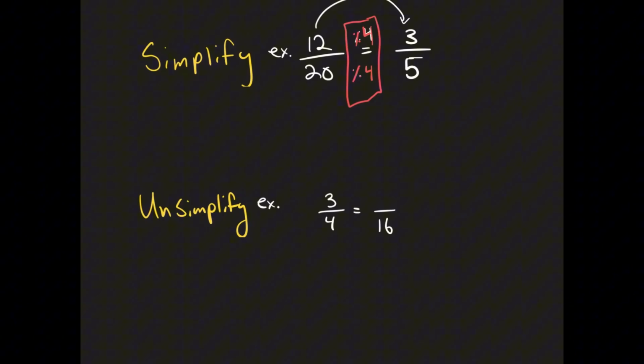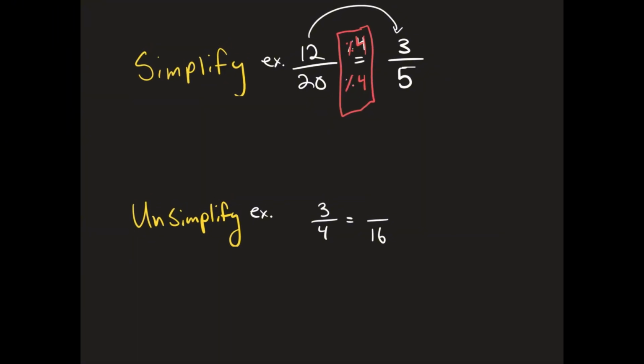So that would be to simplify. To unsimplify is what we've been doing for the past couple lessons, where we think 4 times what would get us 16. So 4 times 4 gets me 16, and what I do to the denominator, I have to do to the numerator. So I also multiply by 4, and I make my secret 1.